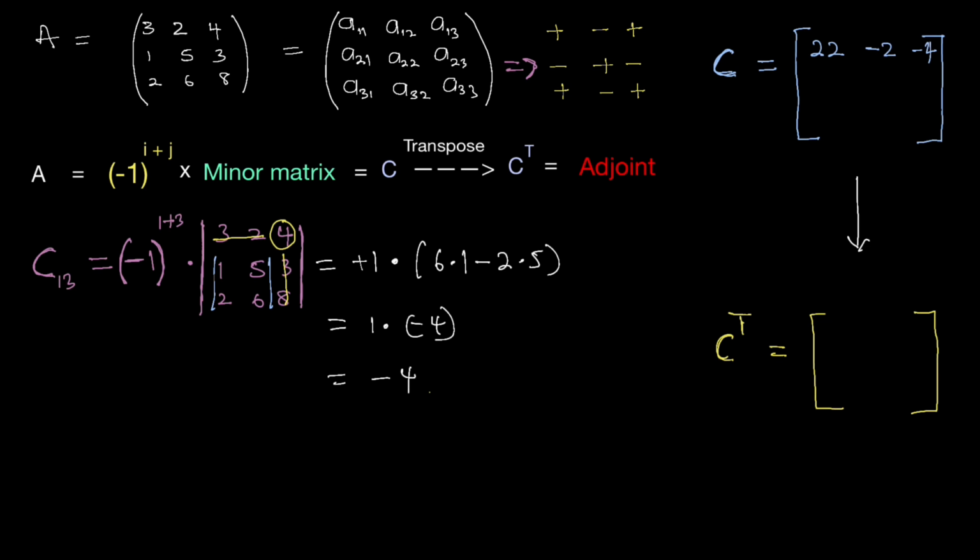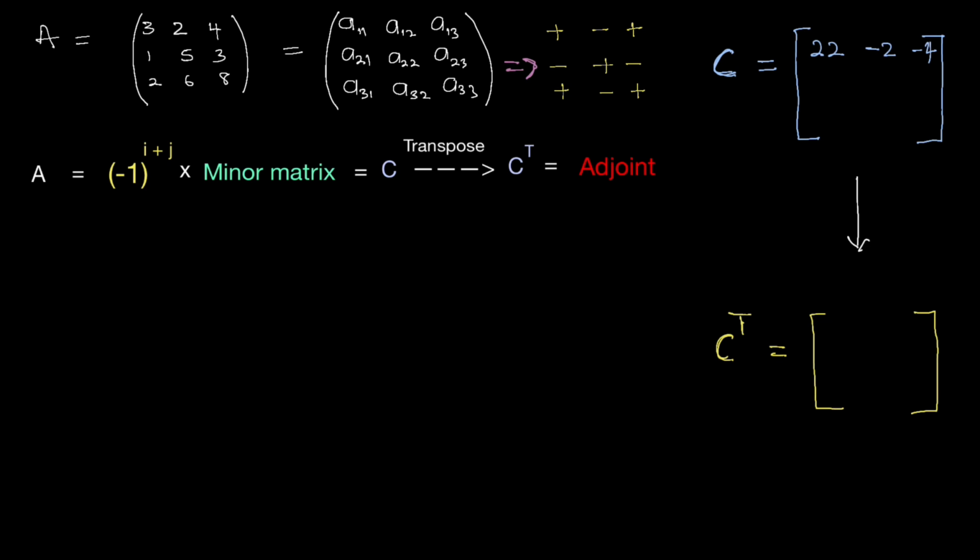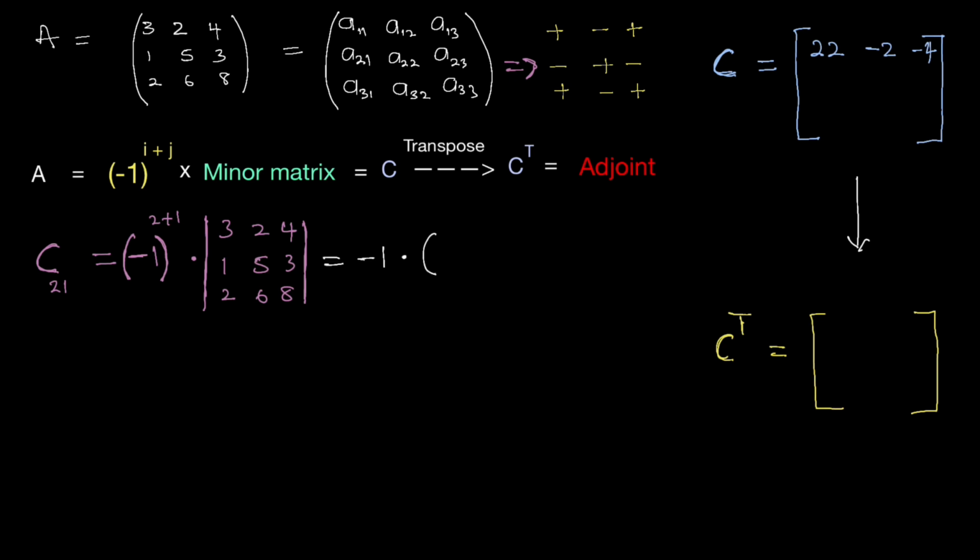Now we need to find the next cofactor element, and the next cofactor element will be C21, which we write here, and that would be 2 plus 1. Again, the sign is going to be -1 because the power is an odd number. -1 times, open bracket, we select the element at 2,1, draw vertical and horizontal lines.